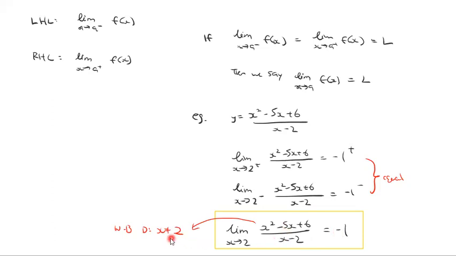So although we can't work out what the value of this function is at x equals 2, because clearly you can't put 2 in, we can find the limit for this function as x approaches 2. Does that make sense?